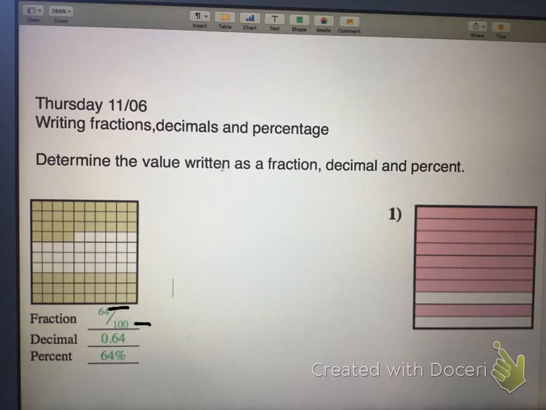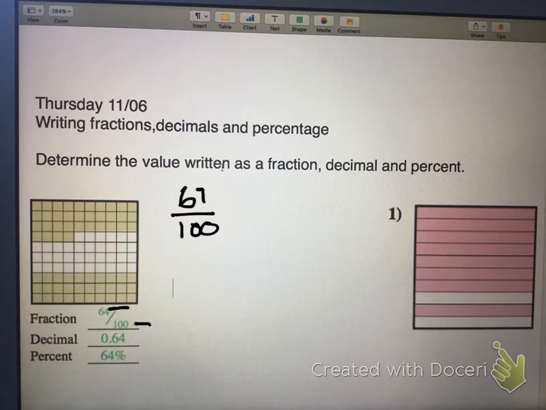Introducing the new concept today. Pretty simple, pretty straightforward. Whenever you have something with a denominator of 100, it is giving us a percentage as well. For example, Mr. Brenner received 67 out of 100 for his exam.